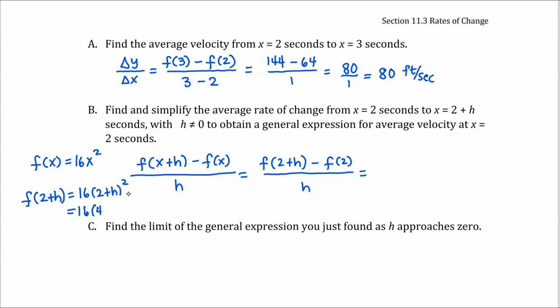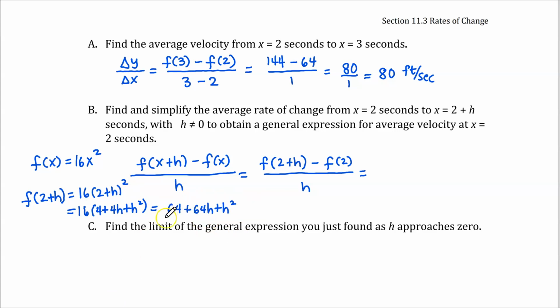That is 4 plus 4h plus h squared. And then you distribute 16. So you have 16 times 4, which is equal to 64, plus 64h plus 16h squared.